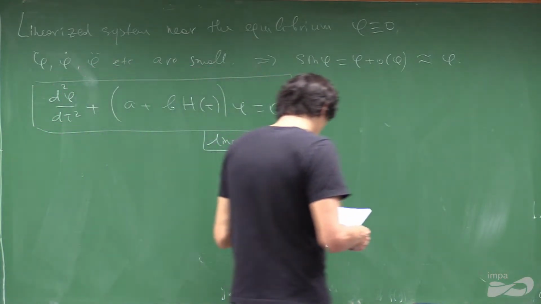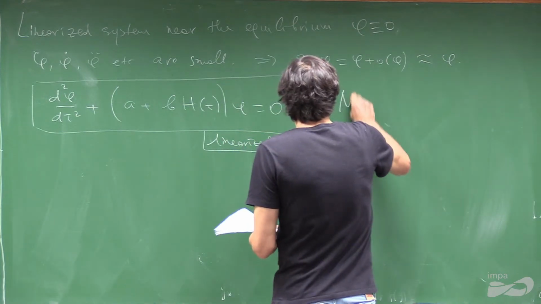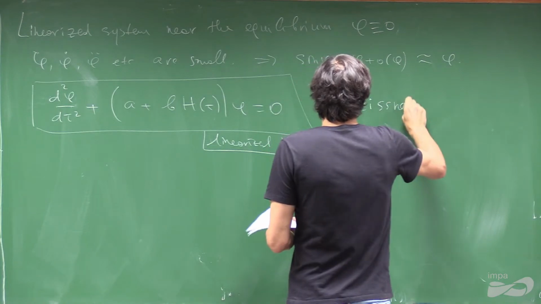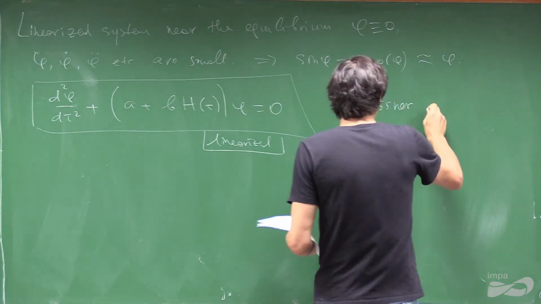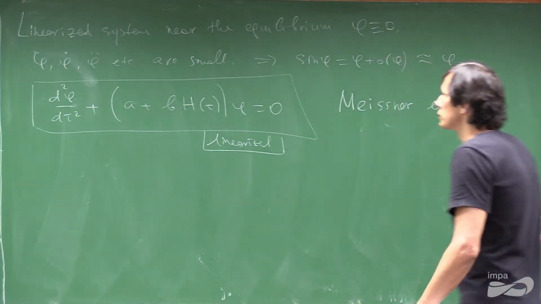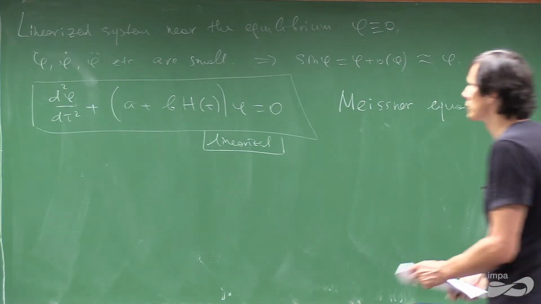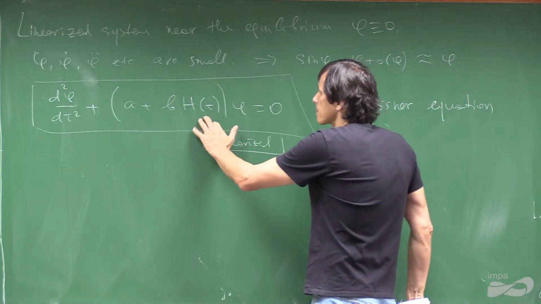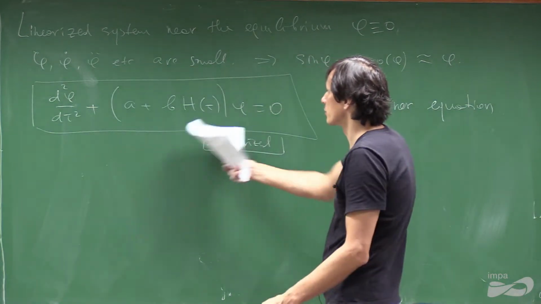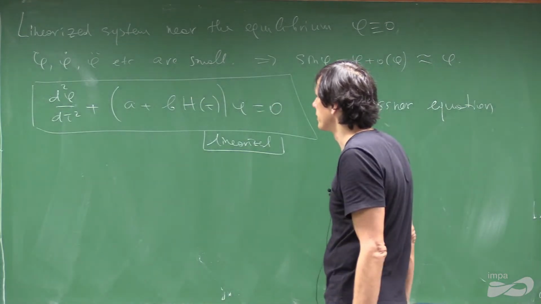The only thing I add is that this equation is called the Meissner equation. The advantage of this equation is that because h is piecewise constant, we can solve it. Whenever h is constant, we know the solution, and it's just different constants in different intervals.